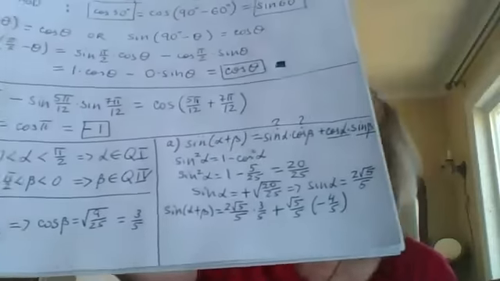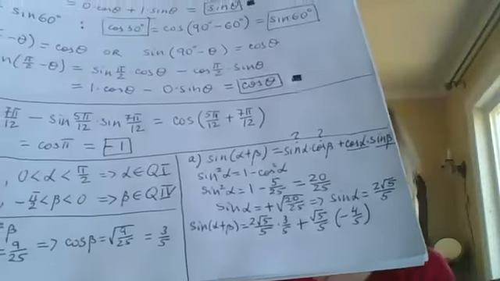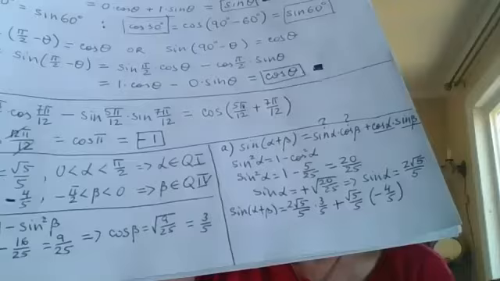Cosine alpha was given in the problem, square root of 5 over 5. And sine beta also was given. It is negative 4/5. I just plugged all these numbers in. And now I'm just going to multiply, add, subtract, everything I need to do.